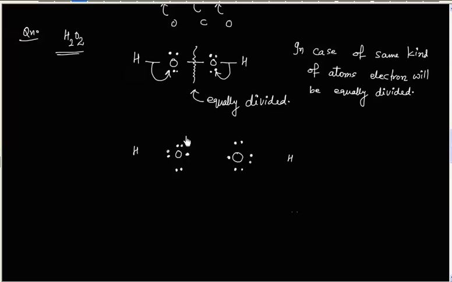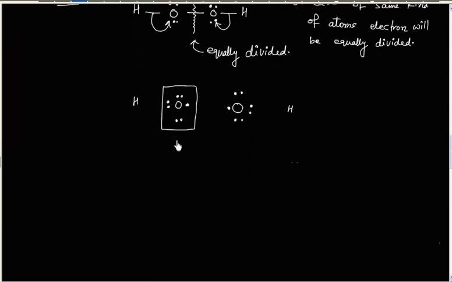Now let us count formal charge. In this case oxygen has 7 electrons, that is we have 1 extra electron, so it will have minus 1 formal charge. And this is again 7 electrons, minus 1 formal charge. This hydrogen will have plus 1, and this hydrogen will have plus 1.